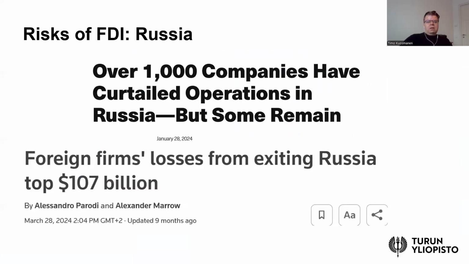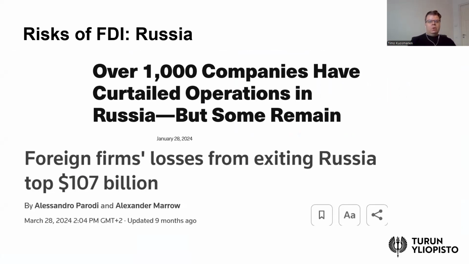Another issue that I still want to raise is the risks of foreign direct investments. In recent years, for those multinationals that had operations in Russia, these risks were realized in a very costly way.